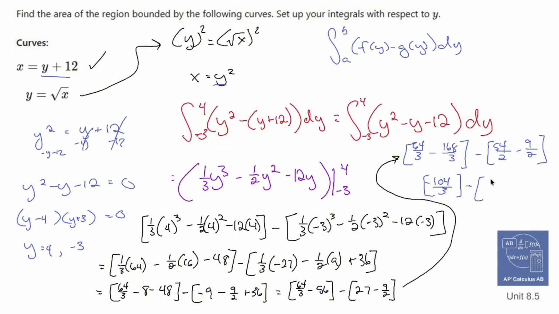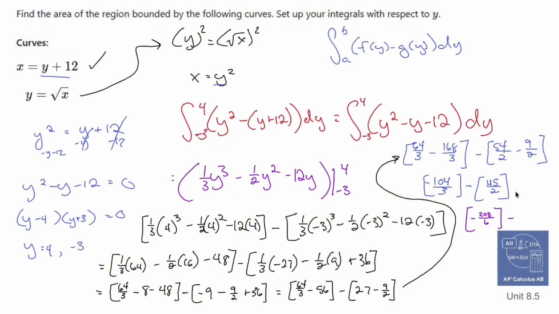Minus 45 halves. All right, so let's make this over 6, and then we're almost home. If I multiply the top and the bottom by 2, I get negative 208 over 6.